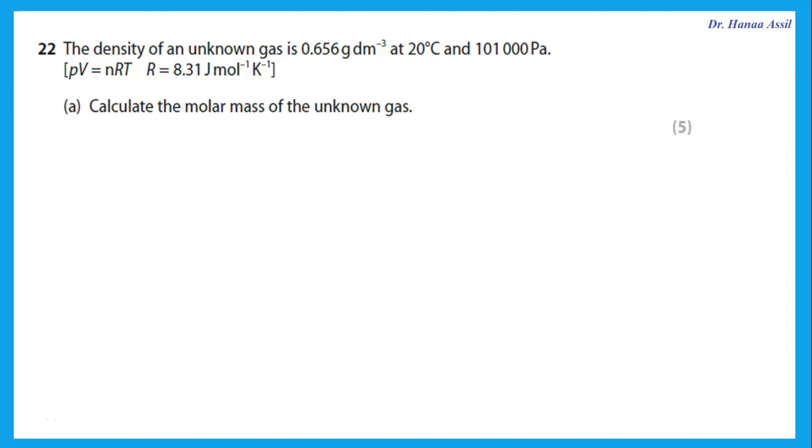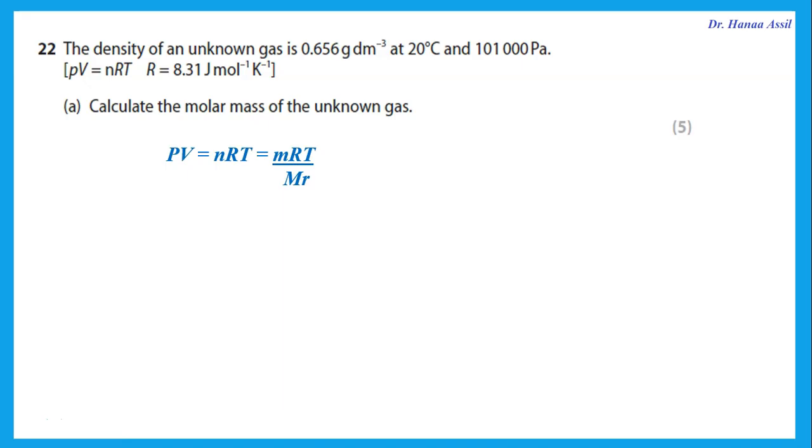This question says the density of an unknown gas is 0.656 gram per decimeter cubed at 20 degrees Celsius, 101,000 Pascal. Calculate the molar mass of the unknown gas. Now, obviously, we're supposed to use the ideal gas law, which is PV is equal to nRT.